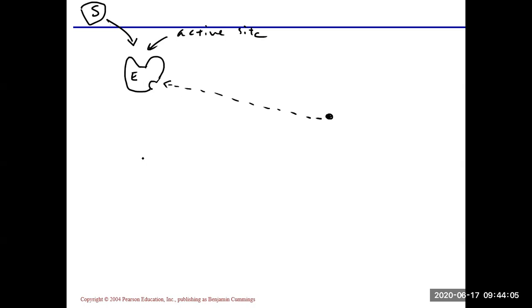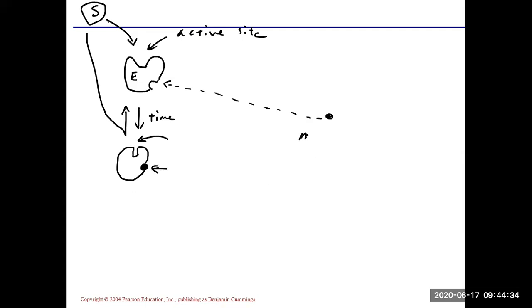If it binds in here, after some time, take a look: as it bound, it changed the shape of the active site. So what happens? The substrate cannot bind in here anymore because it cannot fit. This caused a shape alteration.